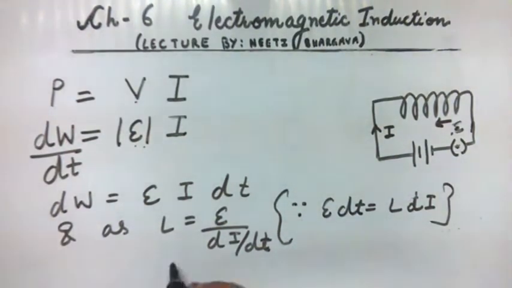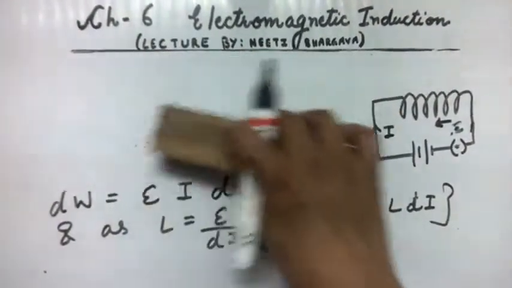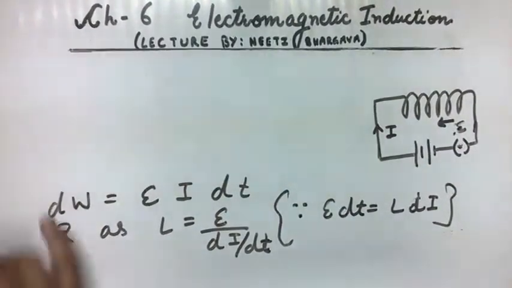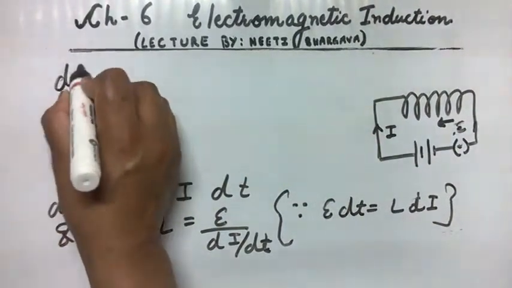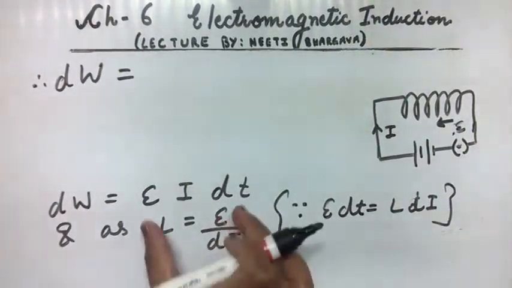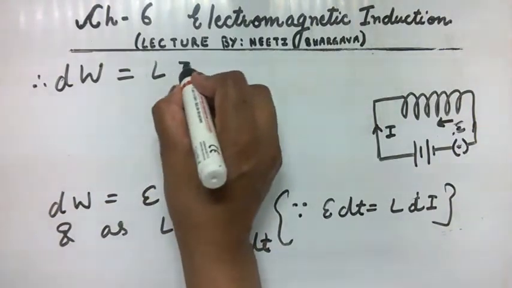Therefore, the equation will become: E dt is replaced by L di, so we can write dW equal to L I di.